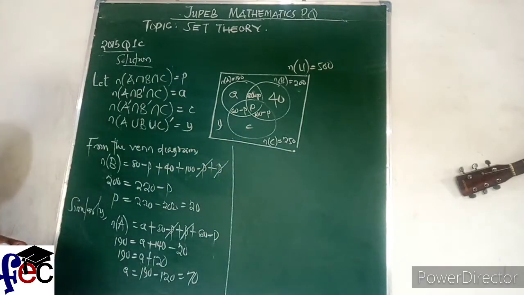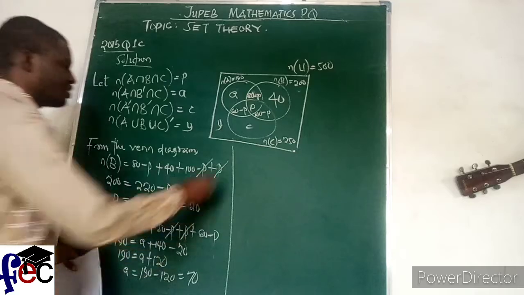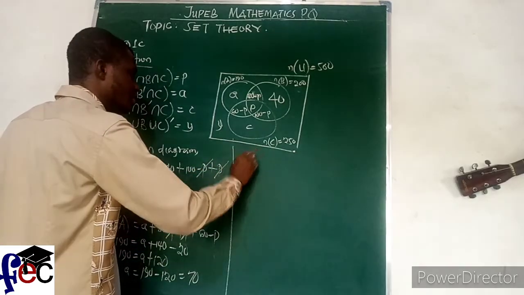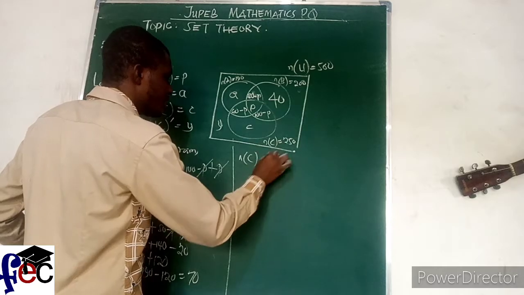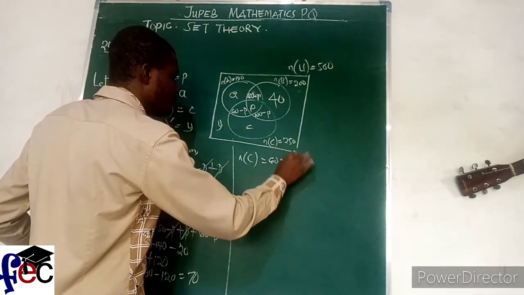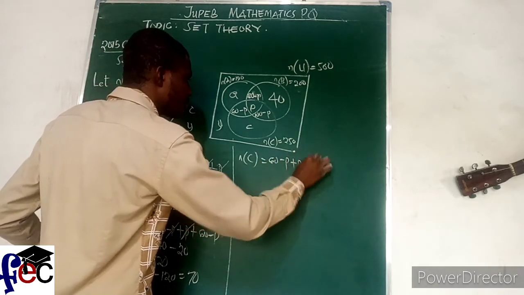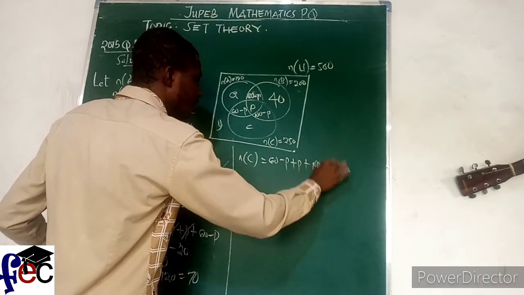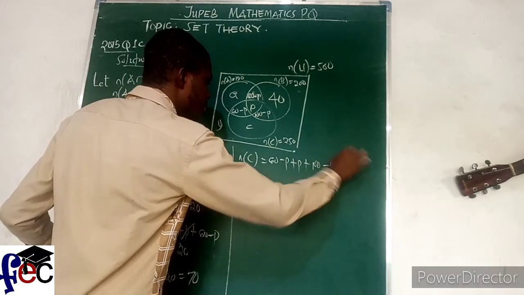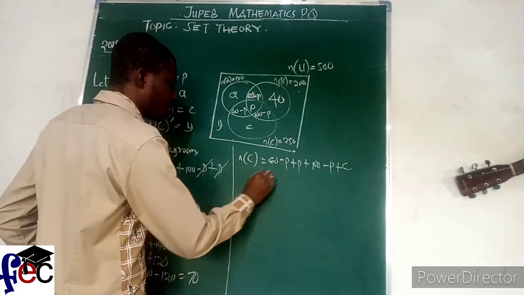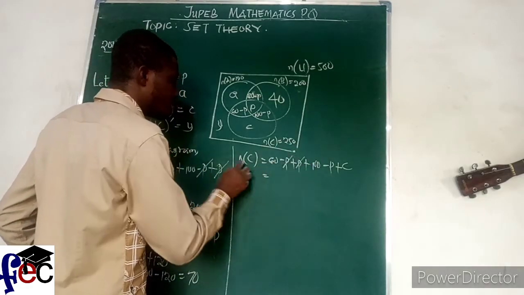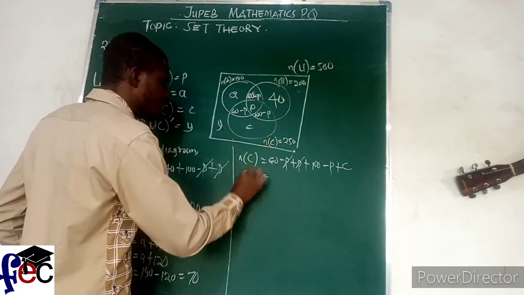And the same way, if cardinality of A is like that, what can you say about cardinality of C? Cardinality of C is going to be 60 minus P plus 100 minus P plus C. Minus P plus P is 0. Cardinality of C is 250.